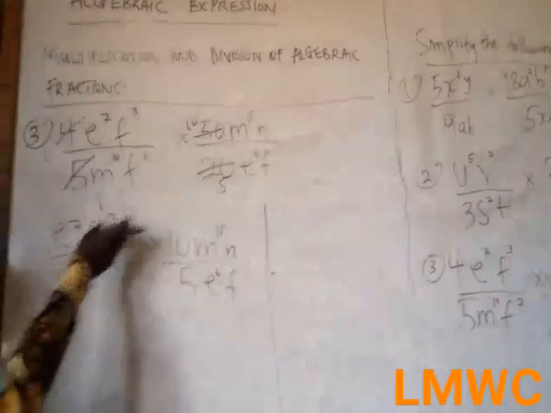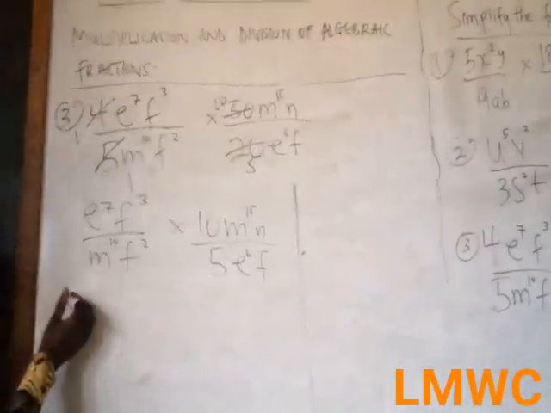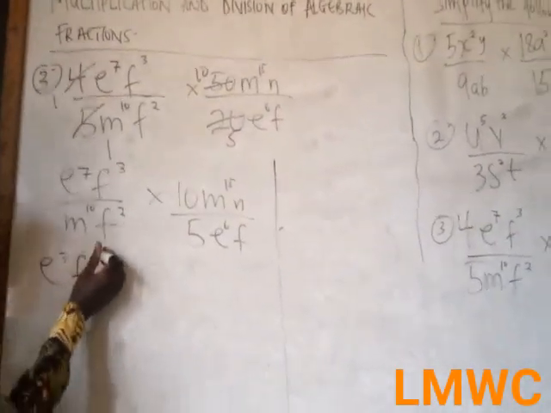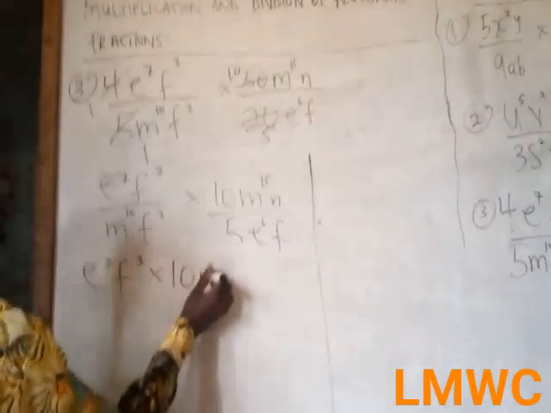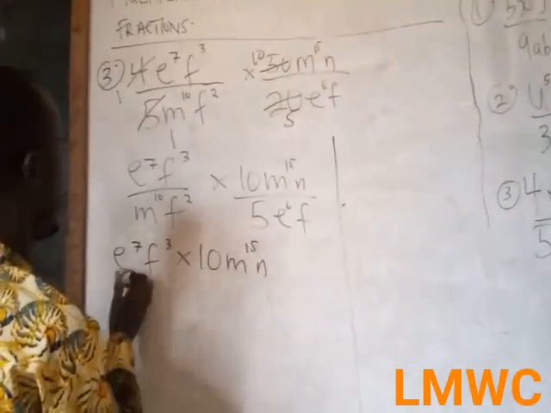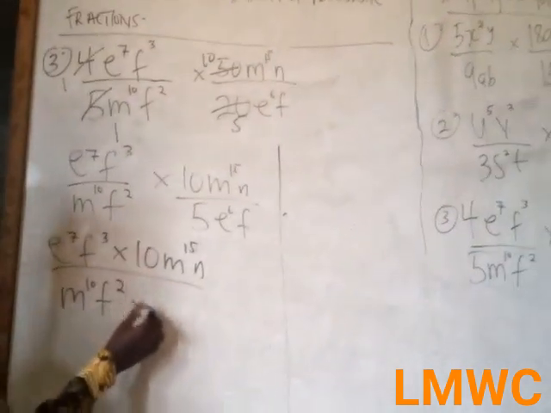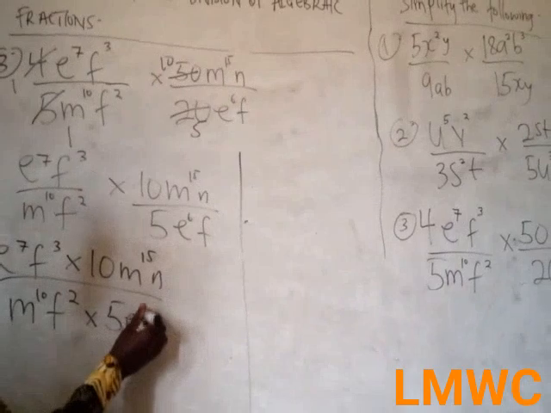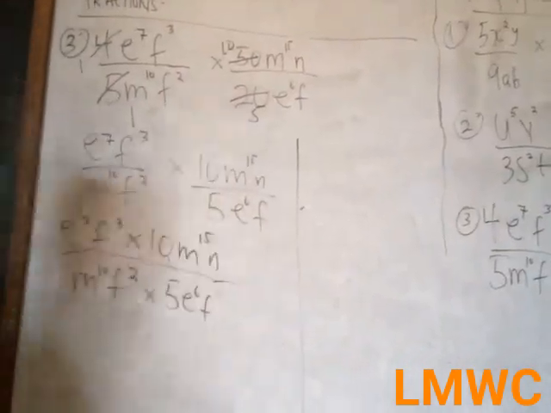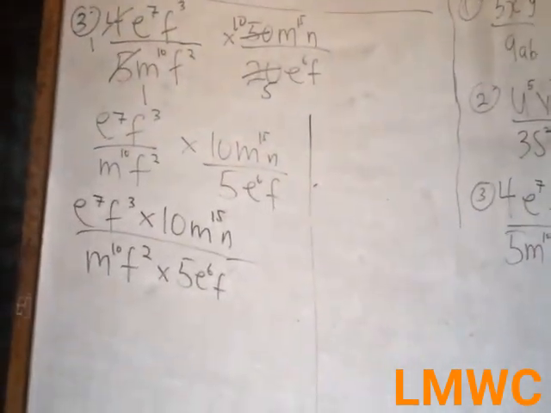You multiply the numerators and the denominators. So it's e^7 f^3 times 10 m^15 n over m^10 f^2 times 5 g^6 f. So this is what you do.